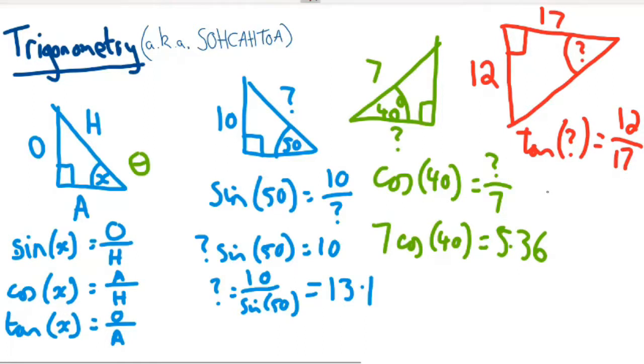But now, in order to get this angle on its own, again, with any kind of rearranging, the thing you're looking for, you need to get it on its own, not connected to anything else. So we need to get rid of this tan. What you can do is say this unknown, which again, you could have labelled as x or theta or anything like that, we're now going to say it's tan inverse, tan to the minus 1. You'll find this by doing shift and then that same trigonometric function button.